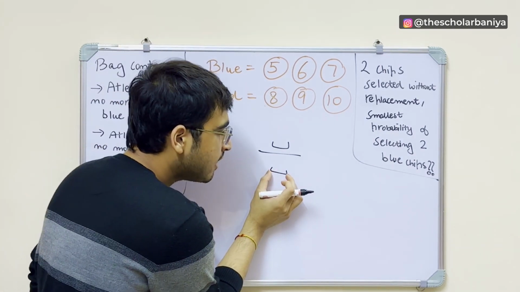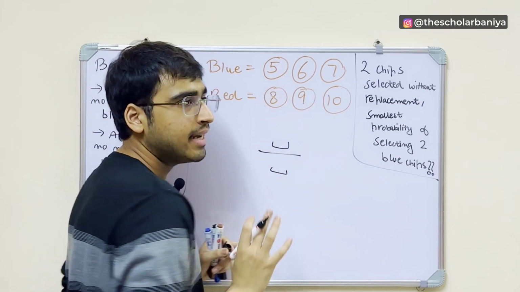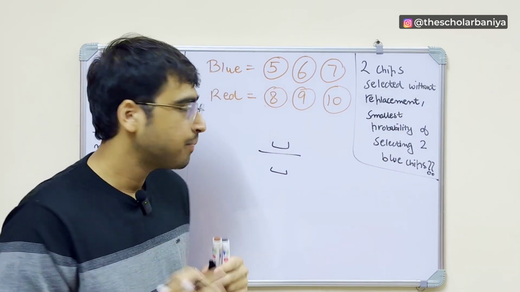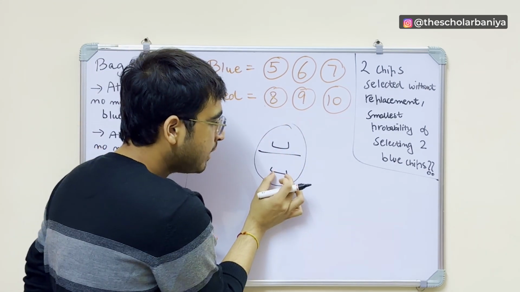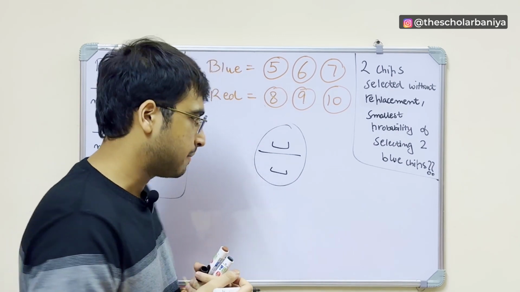So if you want to make the entire thing smallest, either you make the denominator big or you make the numerator small, right?